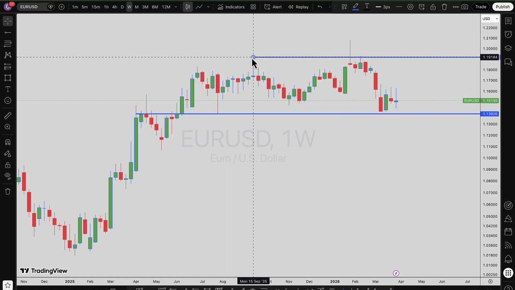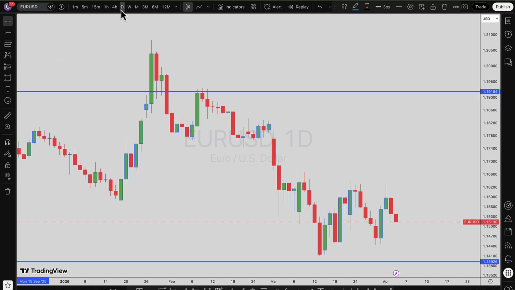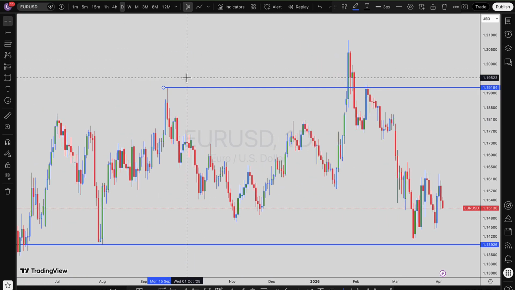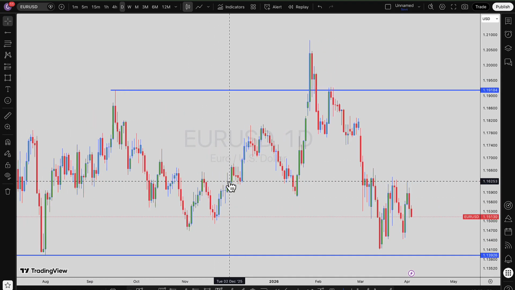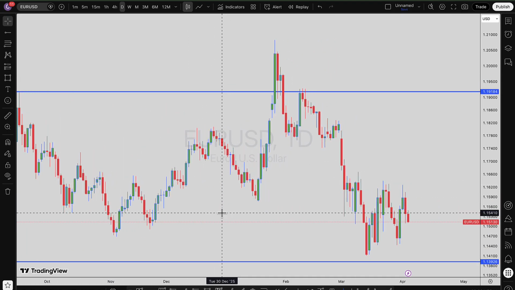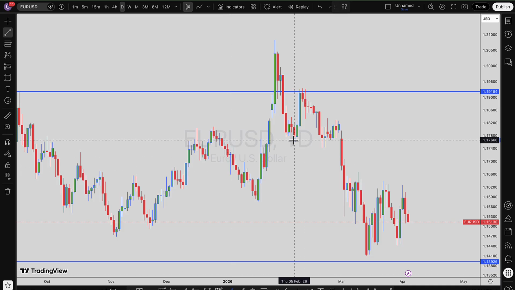You can see our price swept this high of the 1.19184. Then we move on to the day chart, and on the day chart we have some levels we can see marked out. Now let's zoom in, and we can see we had a break of this structure here.